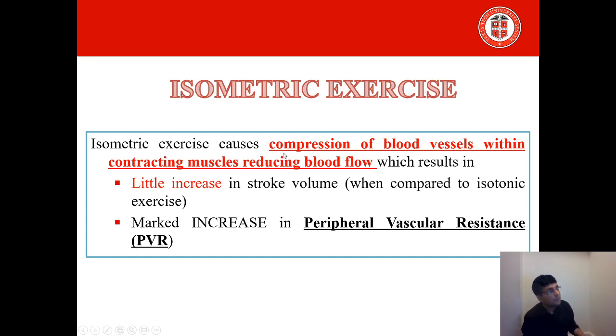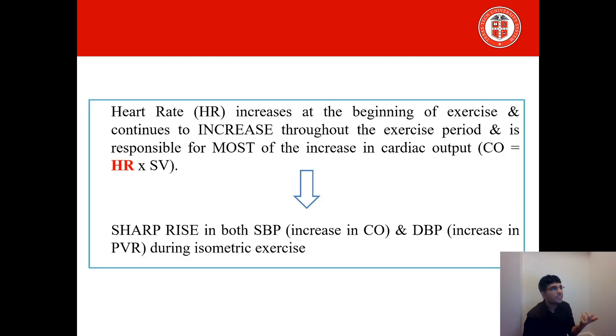However, if you concentrate on the second point, there is a greater, marked increase in the total peripheral vascular resistance, or the TPR. The reason is that the compression is continuous, so the occlusion is continuous, so there is a huge rise in TPR and there is a huge rise in diastolic blood pressure as a result.